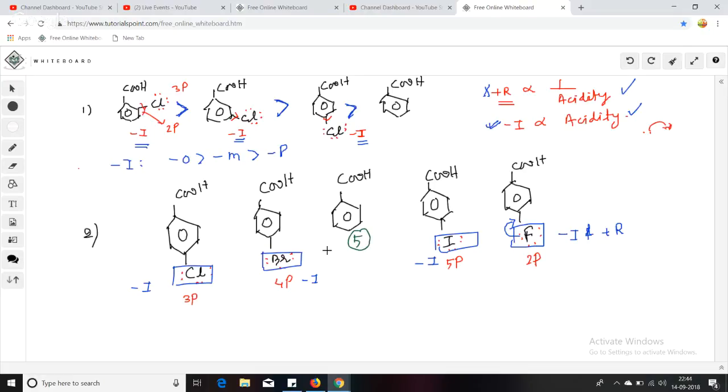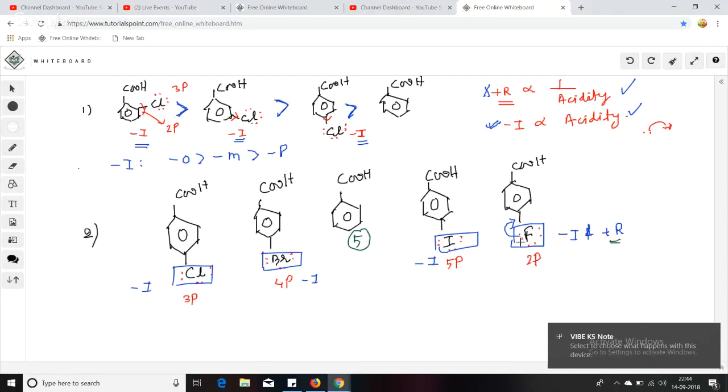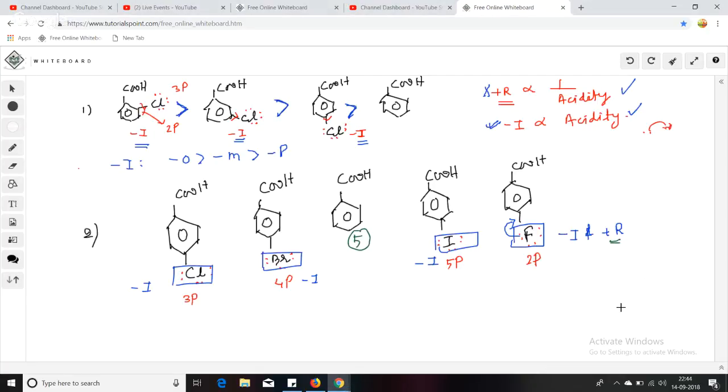Now fluorine, if you talk about the electronegativity of fluorine, it is the most electronegative element, so it has maximum tendency to withdraw electrons. But at the same time, it has plus R nature also, and because of plus R nature, the electronegativity decreases, right?